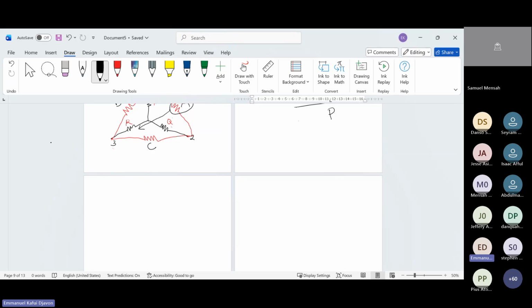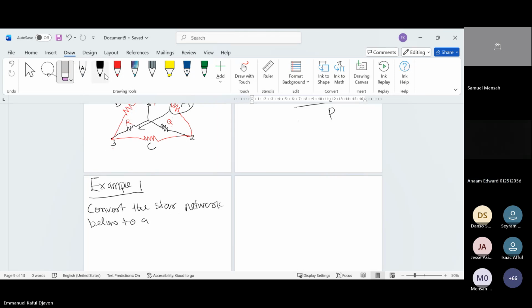Now, let's see example 1. Let's convert the star network below to a delta network.